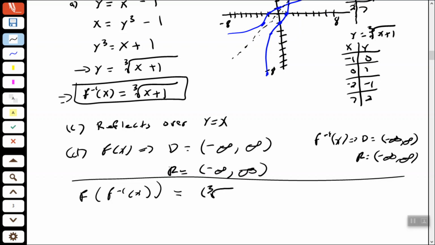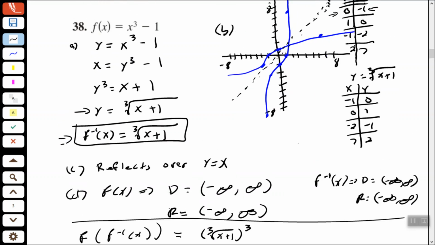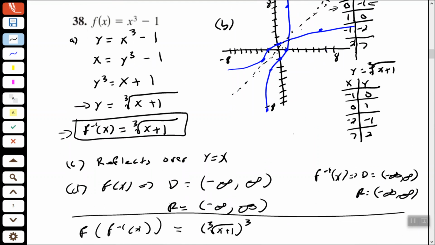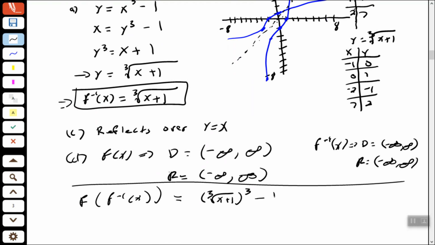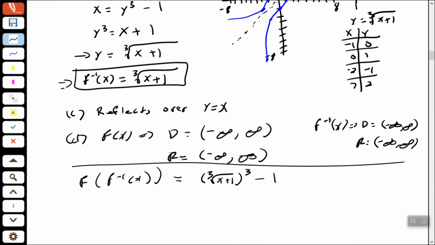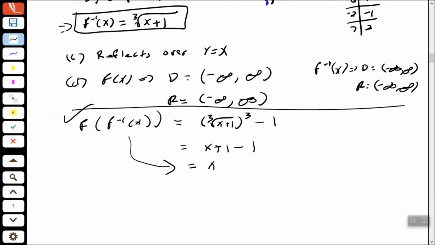So the cube root of x plus 1, to the third power, and then minus 1. And when we do the composition function with that inverse, we should end up with x. So the cube root and the exponent cube will cancel each other out. So that gives me x plus 1 minus 1, equals x. So that composition equals x. So that's a quick way to check that as well.